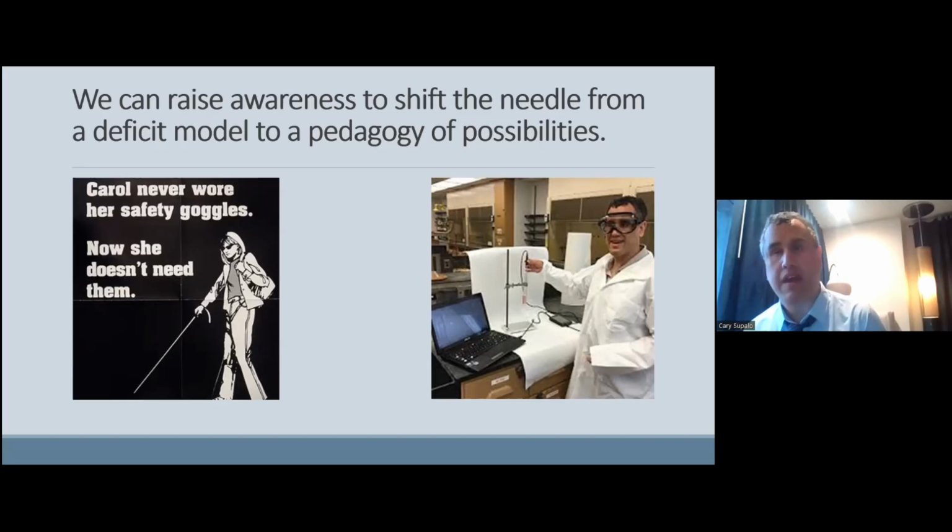That's me in my younger days as a graduate student at Penn State University working in the research laboratory. And I share this picture because I want to say that it promotes what I call a pedagogy of possibility. It shows that a blind person can be independent, be an experimentalist working in the laboratory.